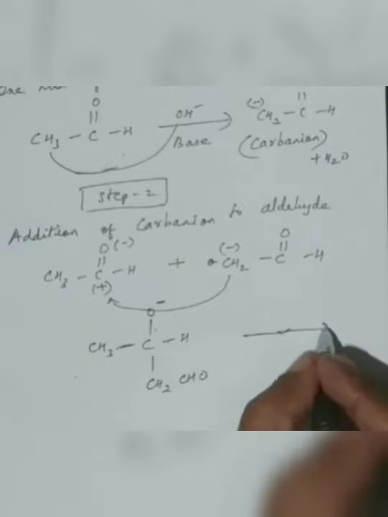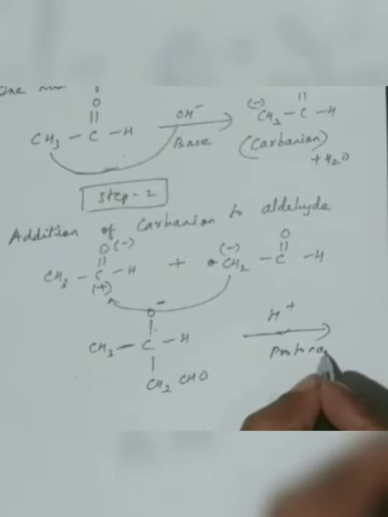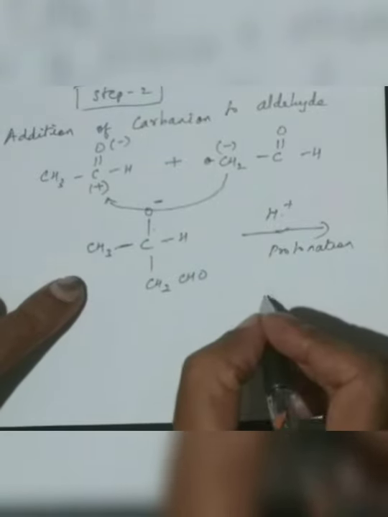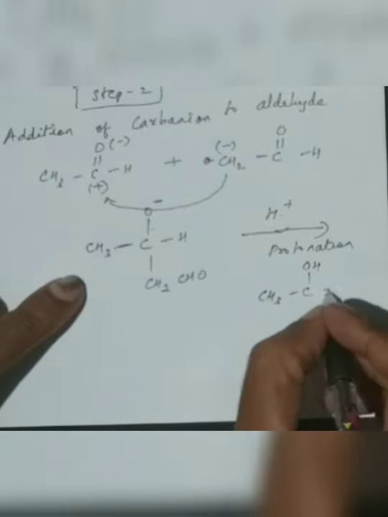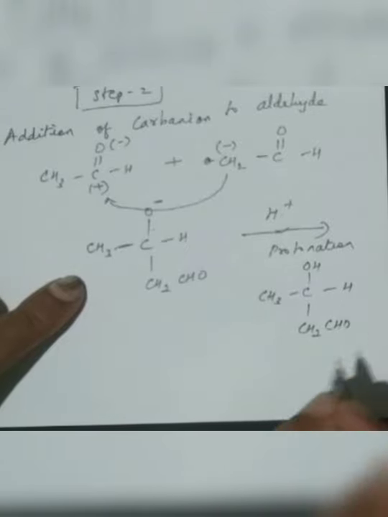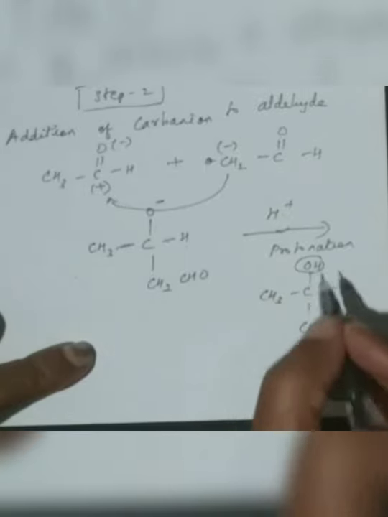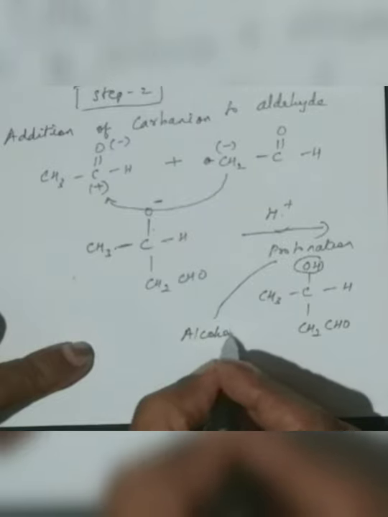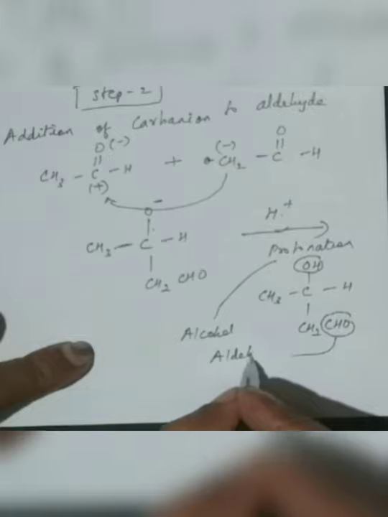Finally, the last step will be protonation, where a hydrogen gets added here. The product will be CH3, COH, and H, and this will be the CH2, CHO. So here I have an OH, which is like an alcohol group, and here I have a CHO, which is an aldehyde group.